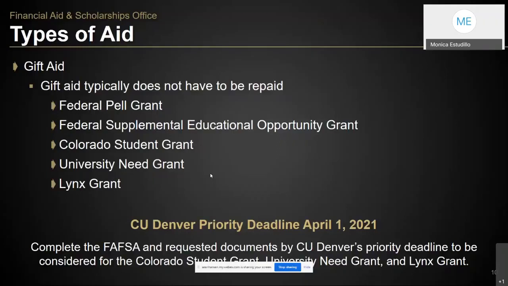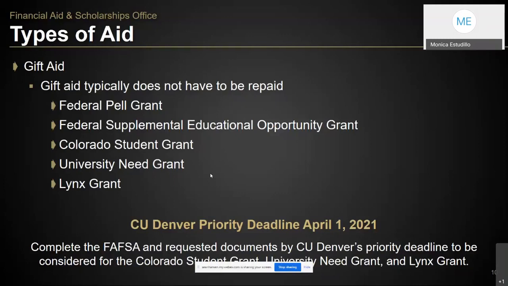With your financial aid, there is something called the expected family contribution, which we use to determine what you're eligible for. For CU Denver, if you have an EFC generally between 0 and almost 6,000, I would say like 5,500, then you will be eligible for the federal Pell Grant and any other grants that we offer.